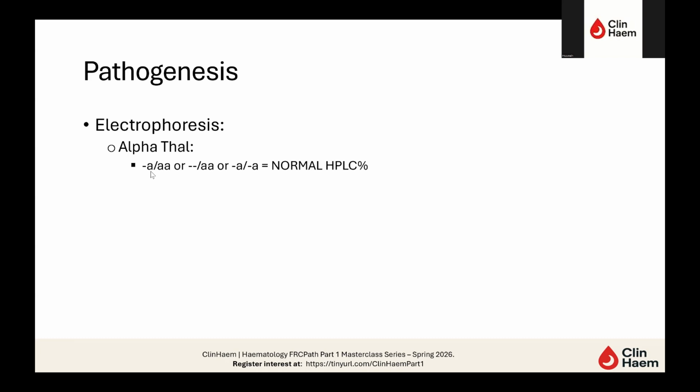Now, if there is either one mutation or two mutations in the alpha genes, you've got two functioning genes. If you do any protein-based method to check the hemoglobin percentages, the percentages would appear normal. Why is that?